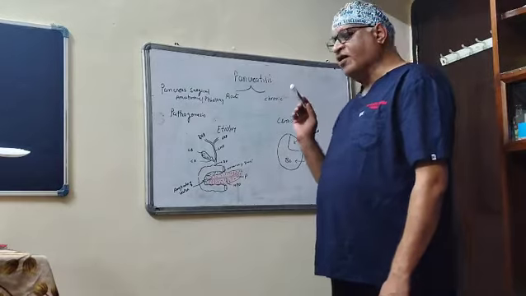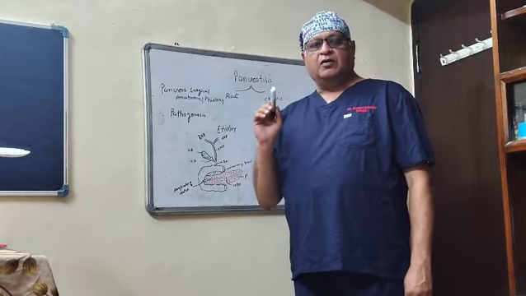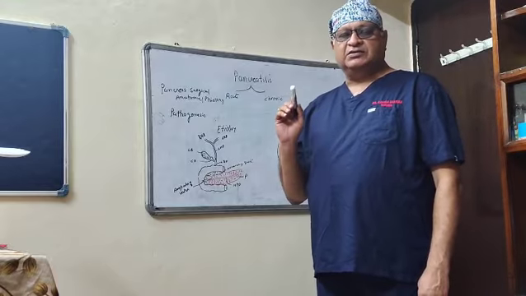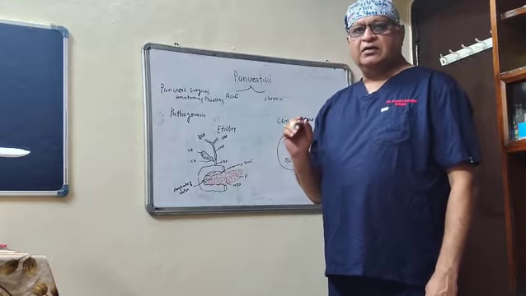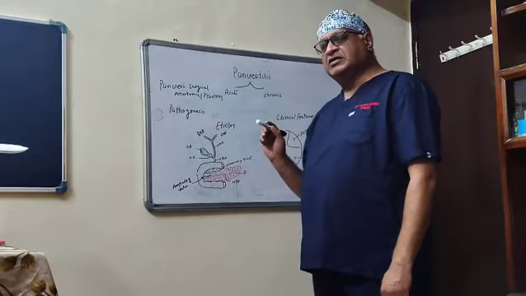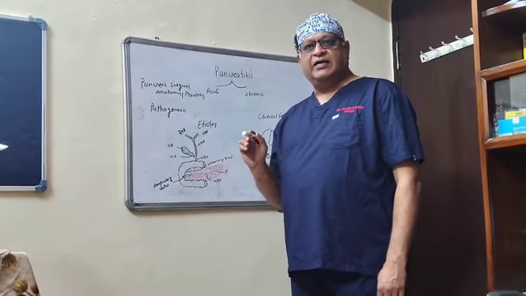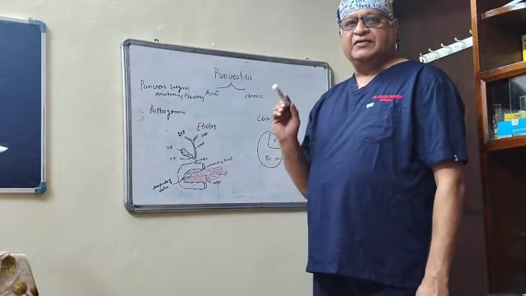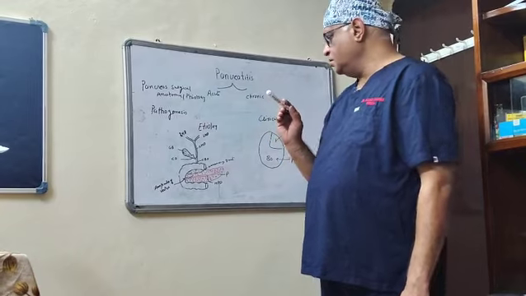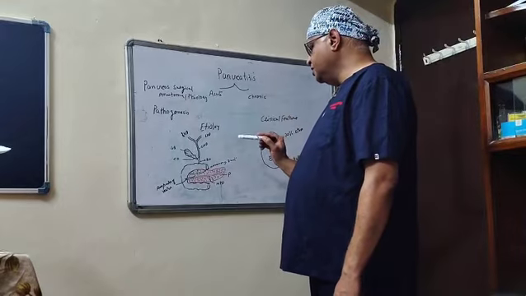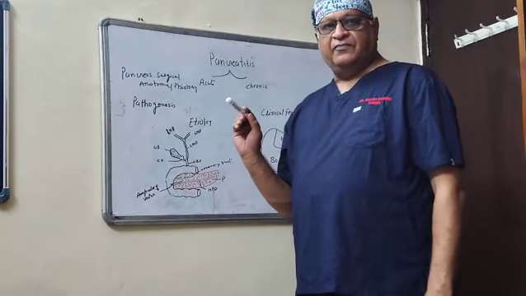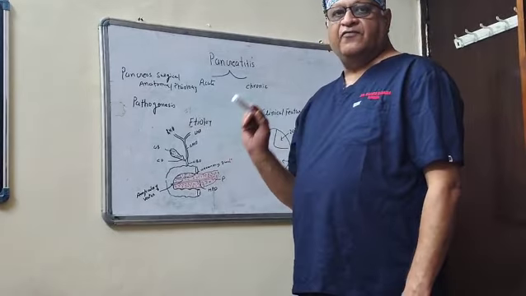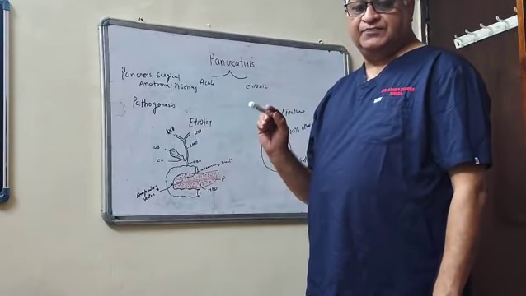Other causes: some viral infections like coxsackie virus, cytomegalovirus, and mumps virus. Some congenital conditions like annular pancreas and pancreas divisum. Pancreas divisum is a congenital malformation in the pancreas when ventral and dorsal buds fail to fuse embryologically.